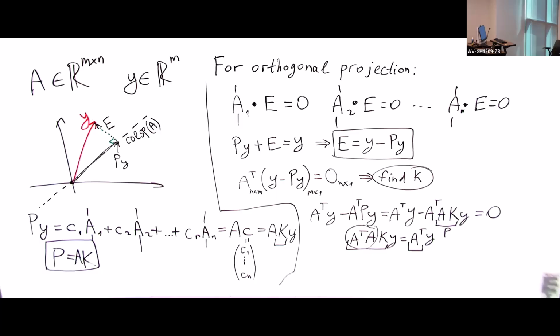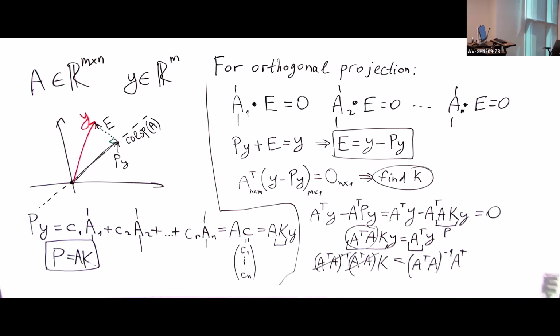So what you do, you multiply on the left by (A transpose A) inverse. This is what will happen. So you'll have (A transpose A) inverse times A transpose A, you can cancel out, obviously, equals (A transpose A) inverse A transpose Y. And you can multiply by Y. Okay, so this cancels.